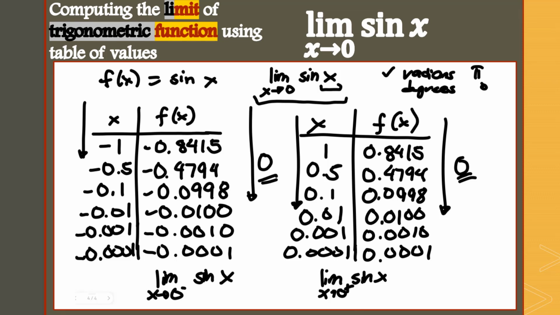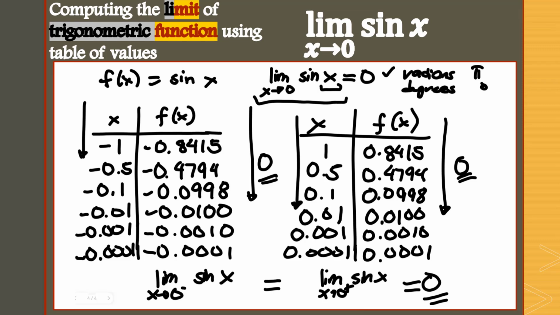Since the limit of sin x as x approaches 0 from the left is equal to the limit of sin x as x approaches 0 from the right, and they are both equal to 0, this is actually the limit of the entire given trigonometric function sin x as x approaches 0.